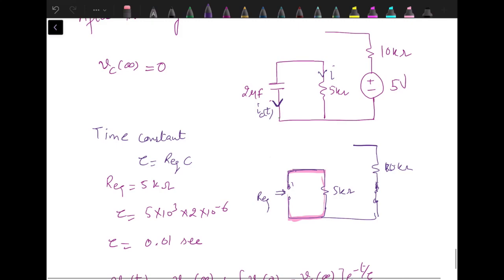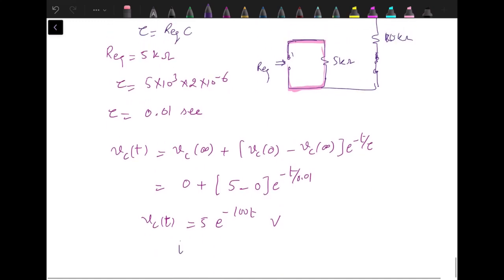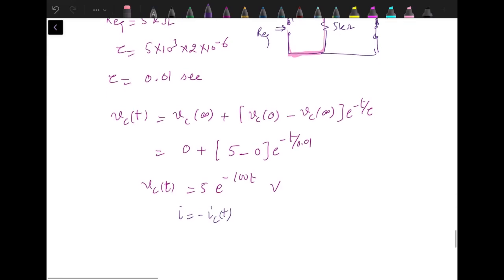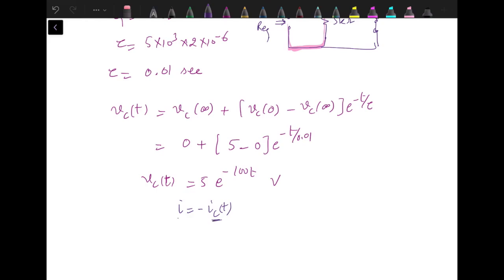So if we find out the value of current through the capacitor, then we can find out I by simply I is equal to minus of ICT. So if we find out this ICT, we can have the value of I as well. Now how can we find out the current through the capacitor?